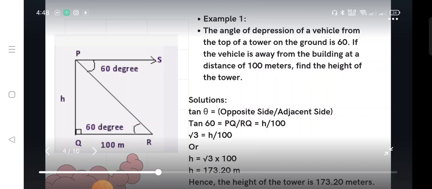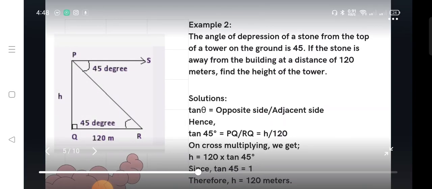Hence the height of the tower is 173.20 meters. So nahanap na natin kung ilang height ang tower. So the answer of our solution is 173.20 meters.